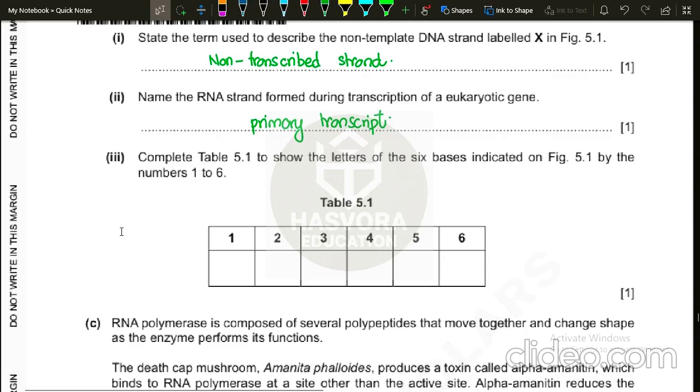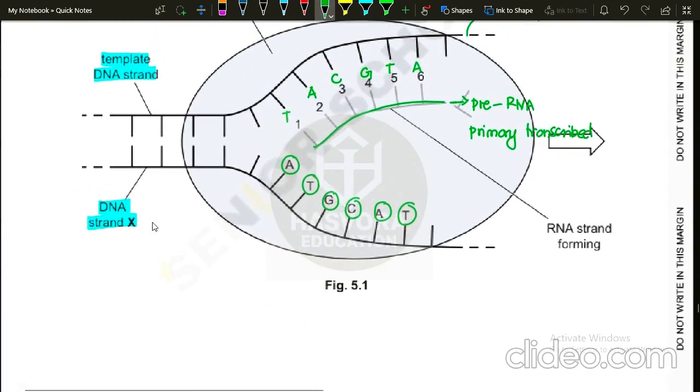Complete table 5.1 to show the letters of the 6 bases indicated on figure 5.1 by the numbers 1 to 6. So I just told you that the sequence of this will match the sequence of the mRNA or the primary transcript, but instead of the T there will be uracil.